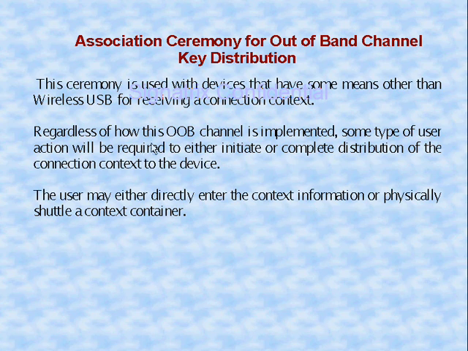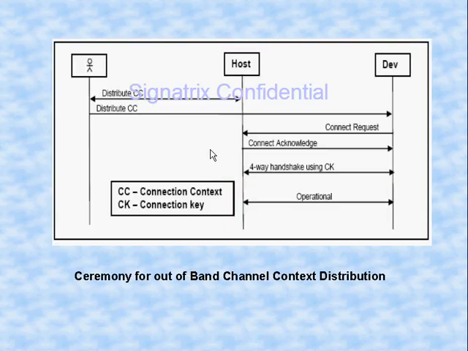Regardless of how this OOB channel is implemented, some type of user action will be required to either initiate or complete distribution of the connection context to the device. If you look at this diagram, see here the user is only transmitting that CC.